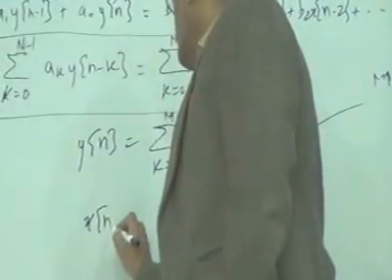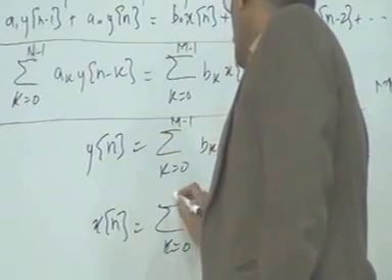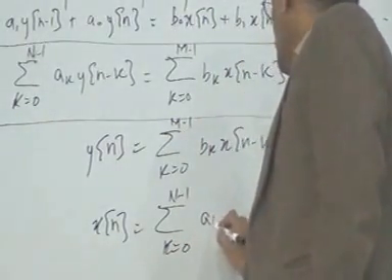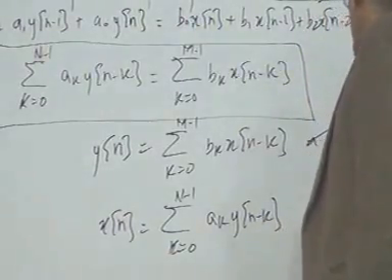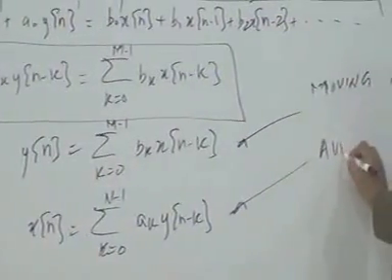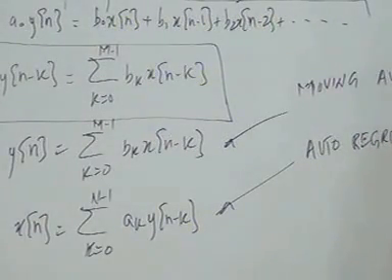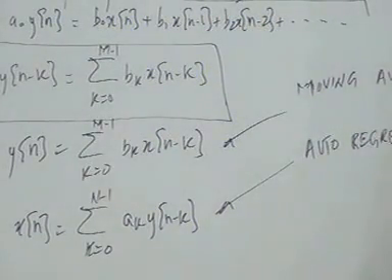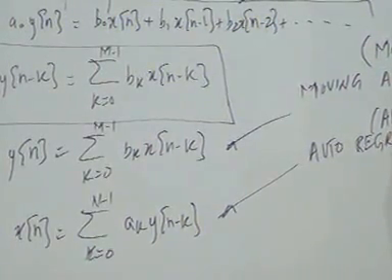If you have a system where x of n is equal to summation k equal to 0 to n minus 1 of ak y of n minus k, this type of situation would be your autoregressive type of system. In general we call this MA and this AR.